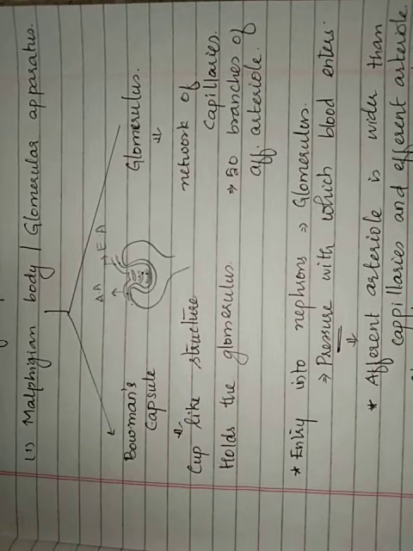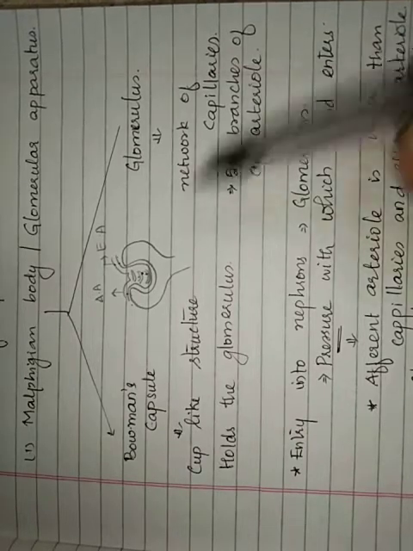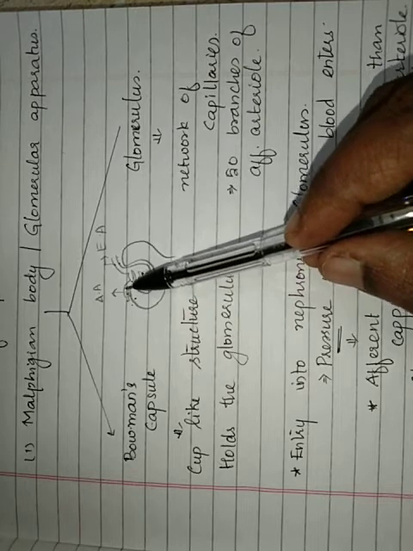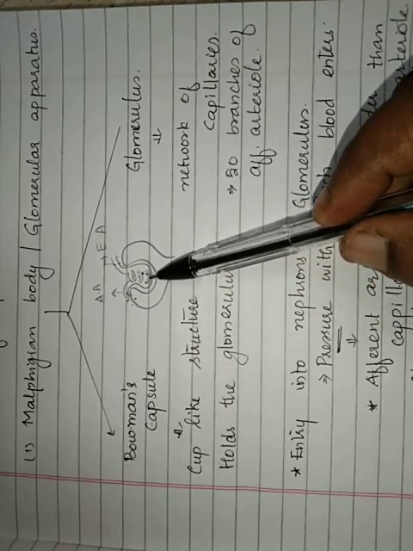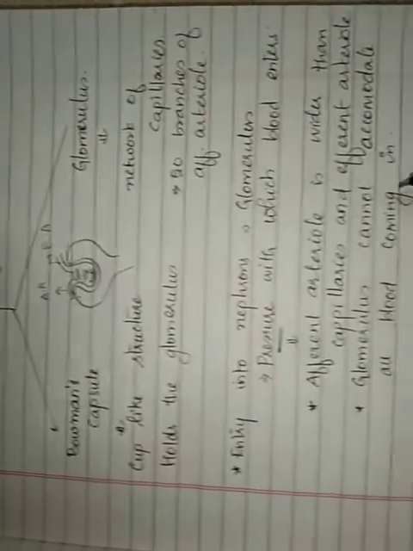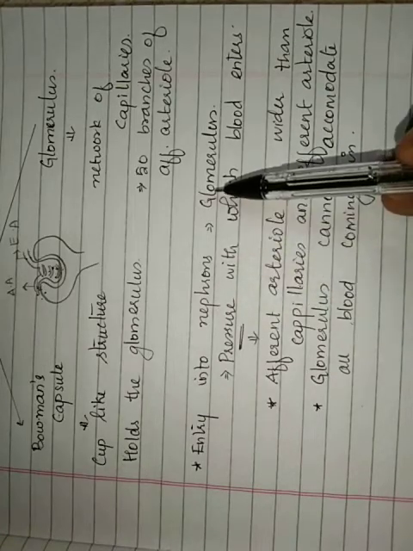Accommodate means hold. Because the afferent arteriole is a wider blood vessel, the glomerulus cannot completely hold the blood coming in, and automatically a pressure is created. So that is the reason why there is a pressure within the glomerulus.